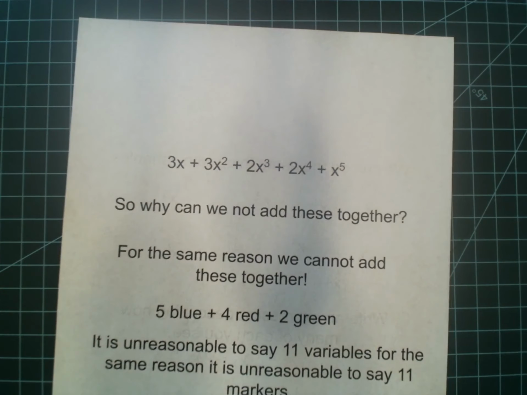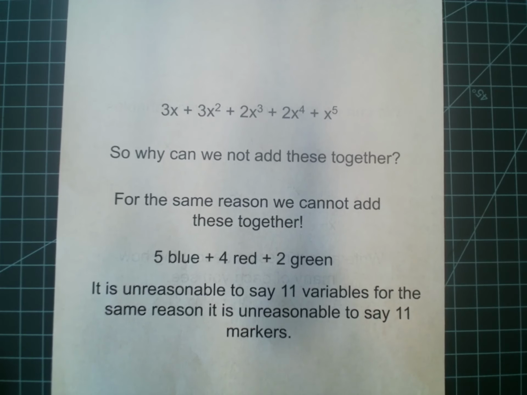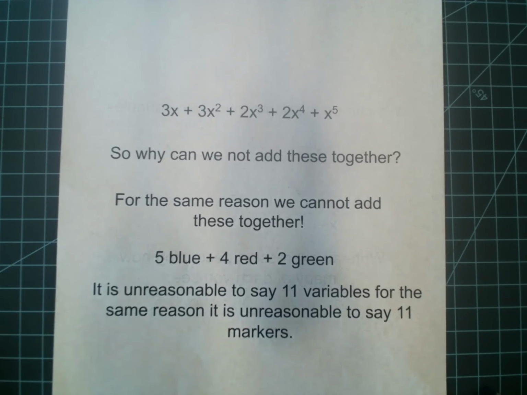So why can we not add those numbers together? For the same reason we can't add 5 blue crayons and 4 red crayons and 2 green crayons. It's unreasonable to say 11 variables for the same reason it's unreasonable to say 11 crayons. They're not the same kind.